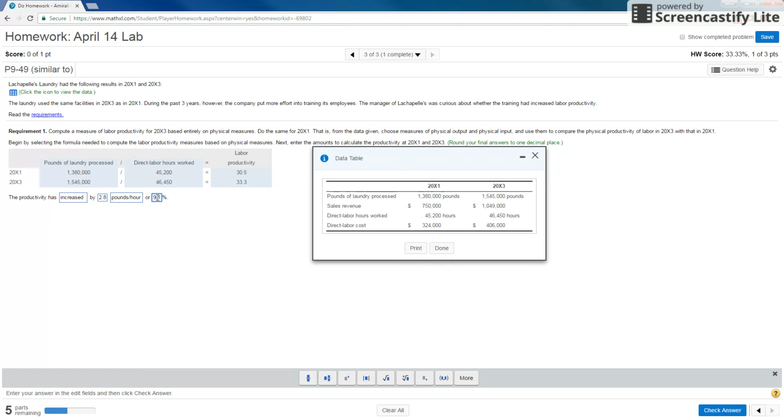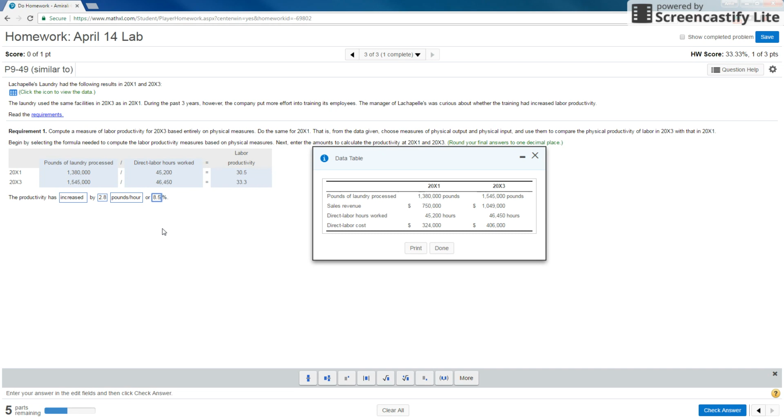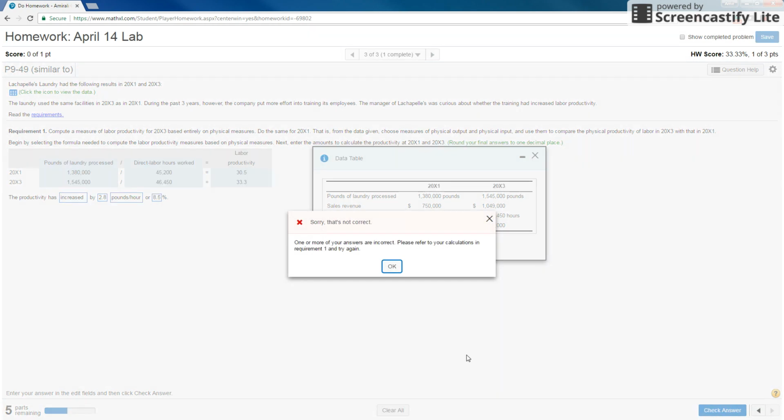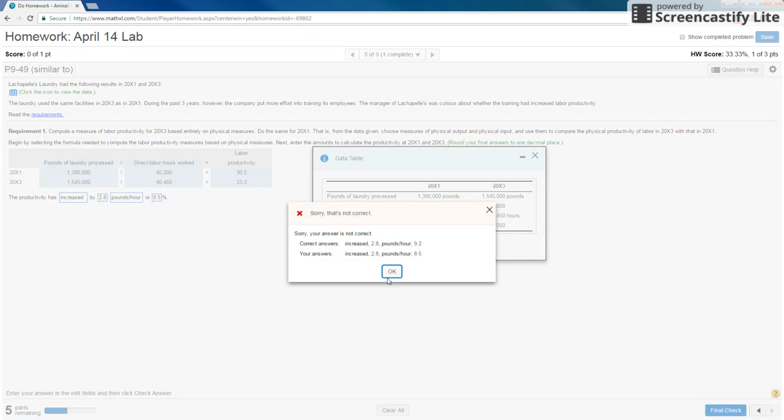So let's see. This might be divided by 2013. So 2.8 divided by 30.3, 8.5%. Nope. Let's do the final check.